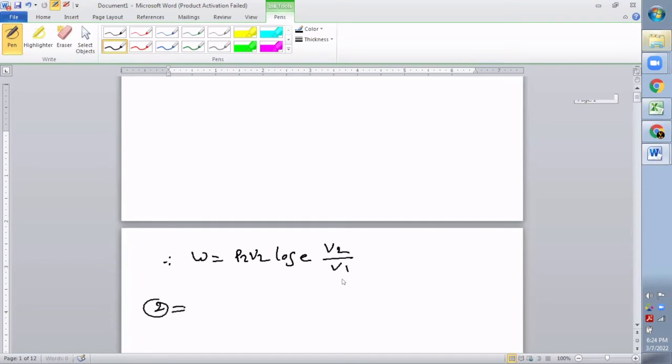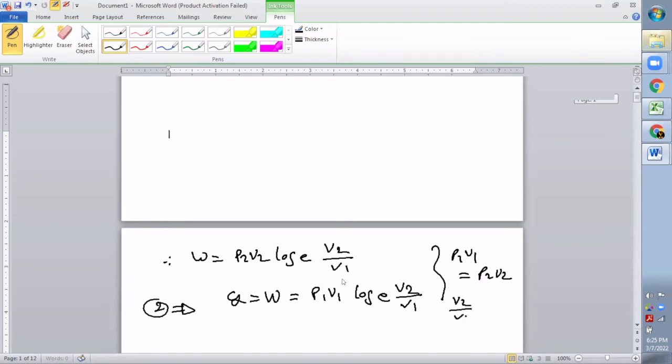Now equation number 2, we know that Q is equal to W. So what is W? W is equal to P1 V1 log to the base e V2 by V1. Now we know that P1 V1 is equal to P2 V2, so V2 by V1 is equal to P1 by P2.